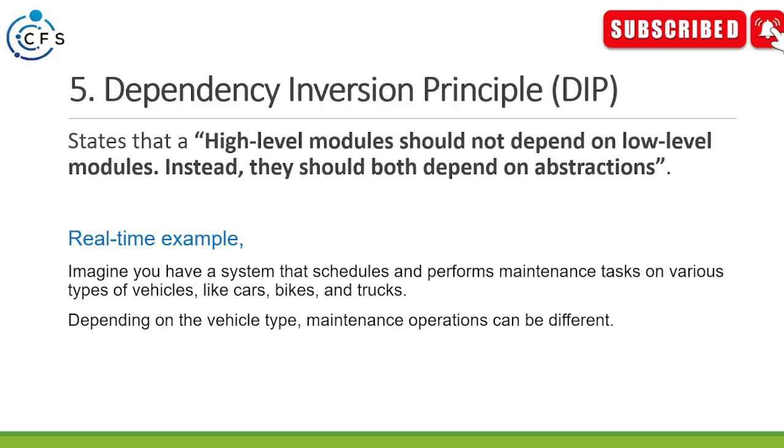Now let's move to the next and last principle of SOLID, known as the dependency inversion principle, DIP. It states that high level modules should not depend on low level modules. Instead, they should both depend on abstractions. So what does it mean? The dependency inversion principle is basically more about implementing dependency injection.